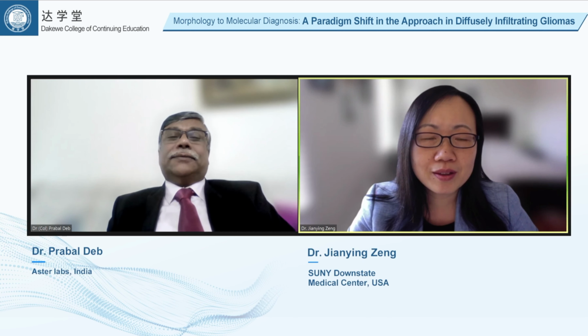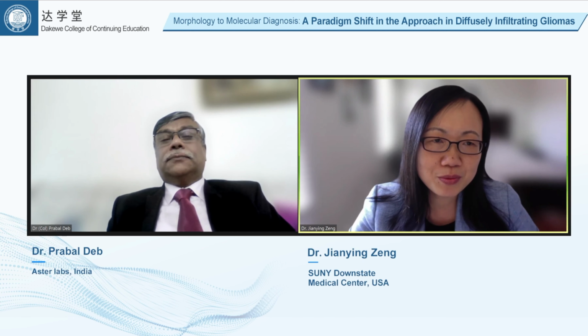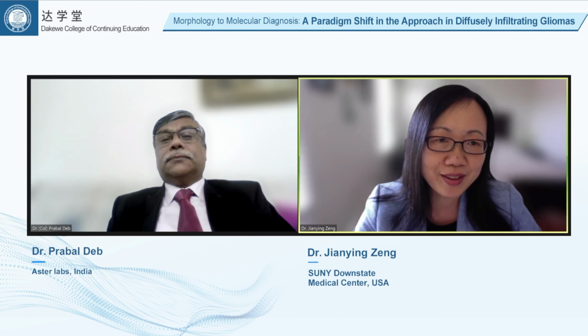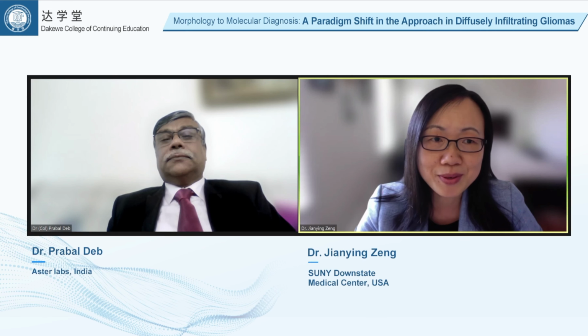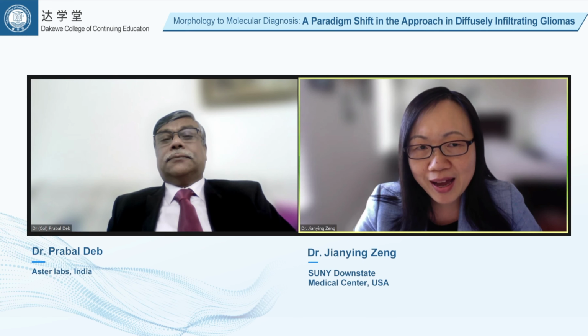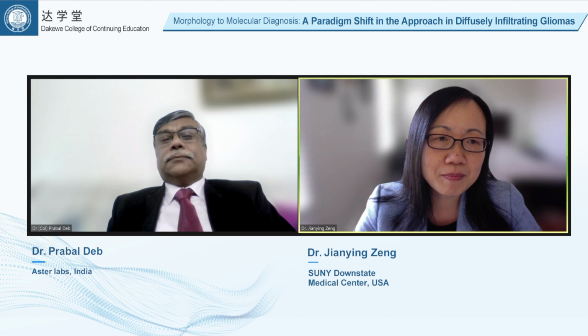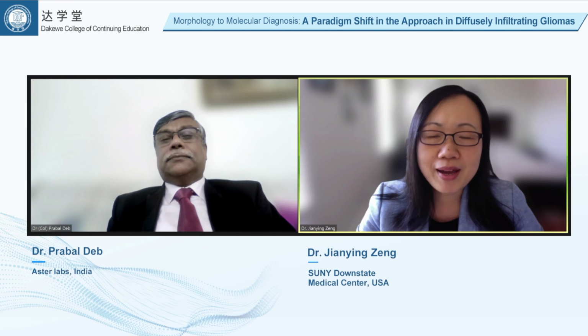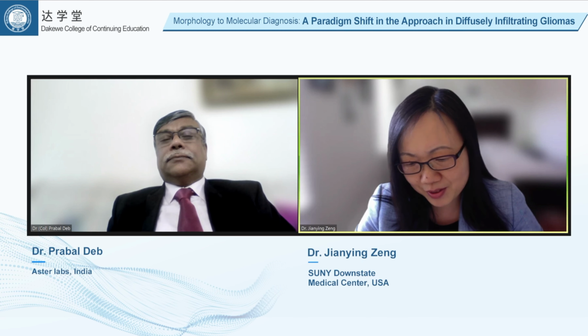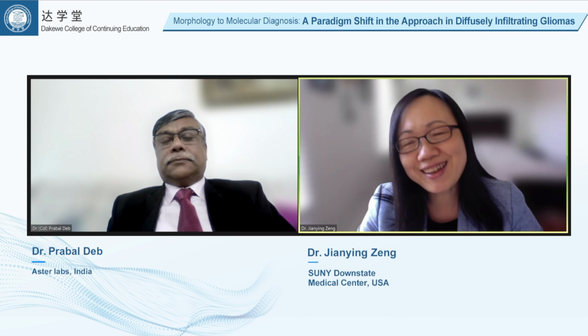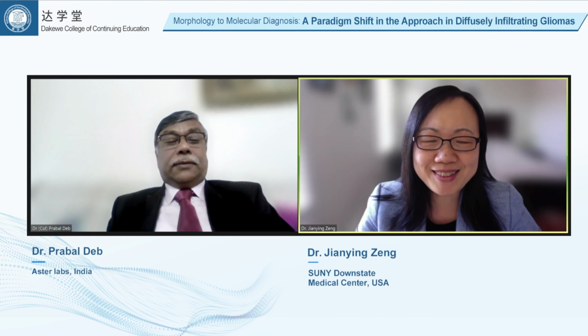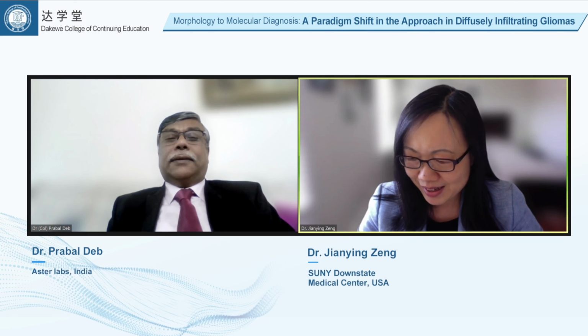They think this tumor probably won't behave as aggressively as an IDH wild type GBM and will probably have a slightly better prognosis. However, it might have more aggressive behaviors. So that is the example I just mentioned.